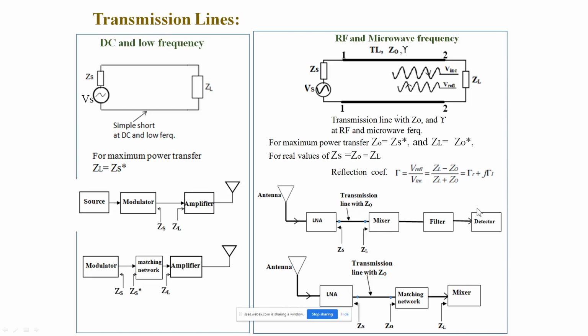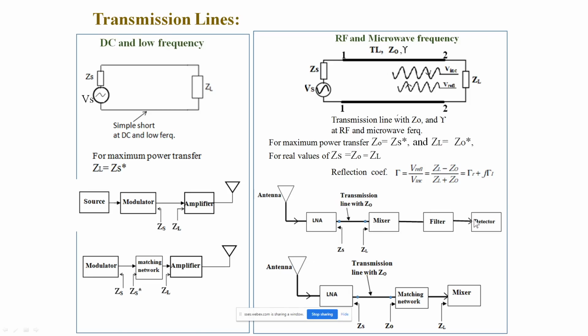At every stage in RF and microwave frequency we have to do that, because it is a cascade connection of many networks. There may be a mismatch here, maybe here, everywhere we have to test. So reflection coefficient is a very important parameter. We will be measuring the reflection coefficient at every stage.